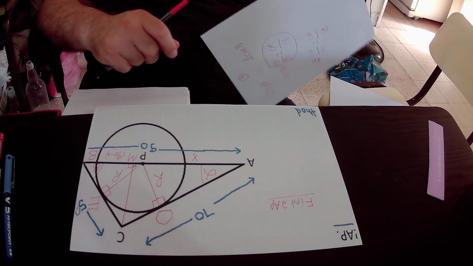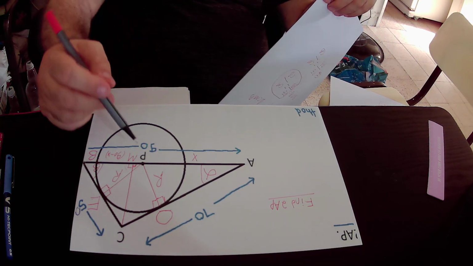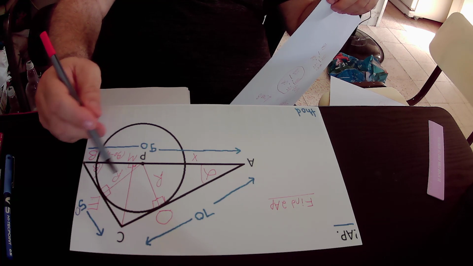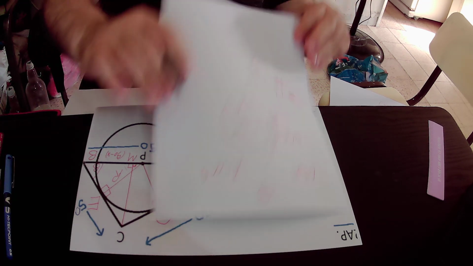Now we see from the picture that PE equals R, the radius of this circle. I write it here.